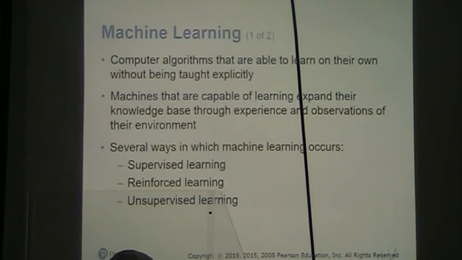All right, so we have different ways machines can learn. With supervised learning, in other words, somebody is keeping an eye on the learning. We might think of this class as being supervised learning, right?